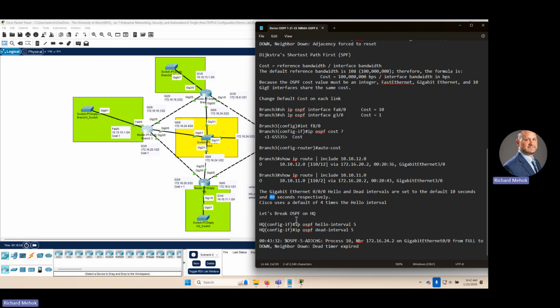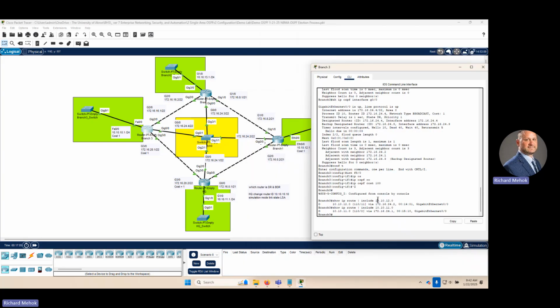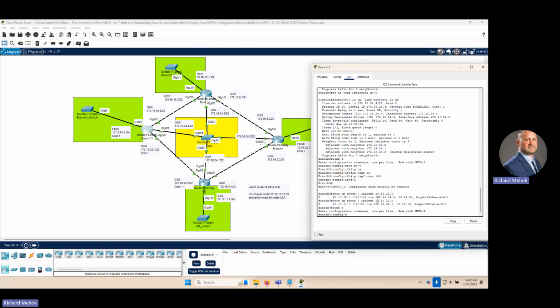So if we want to break OSPF, all we have to do is get into interface Gigabit. We want to affect the largest area here, and we'll set the hello and dead intervals to 5 and 5, which means you won't have any time to make decisions because it's going to say hello and the dead is going to expire, so it's not going to be good.